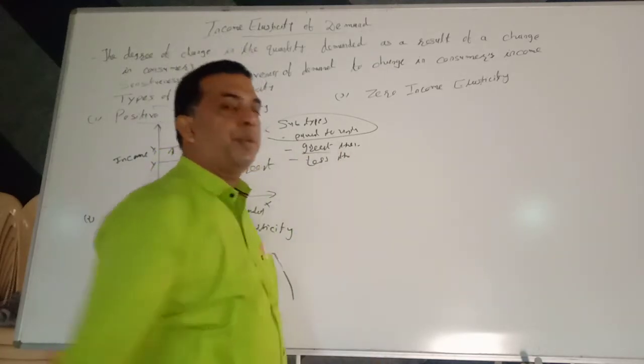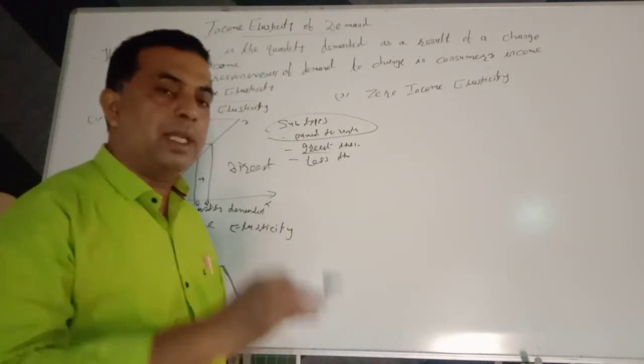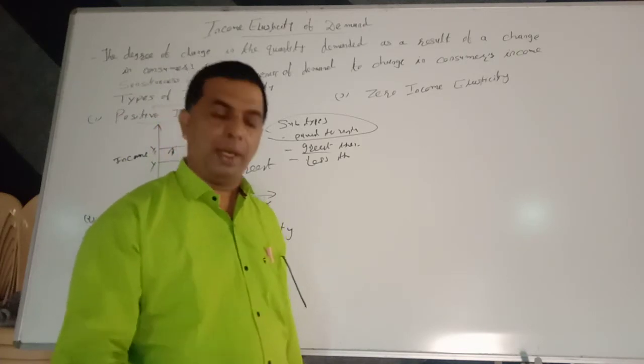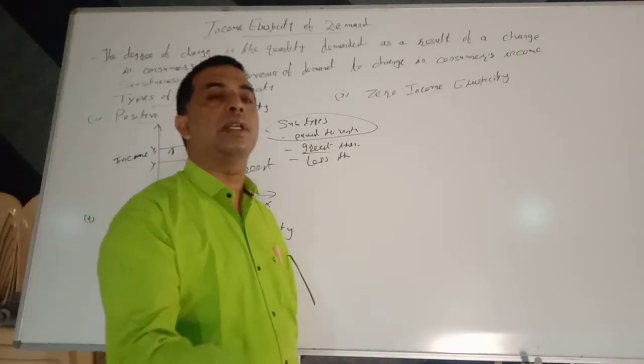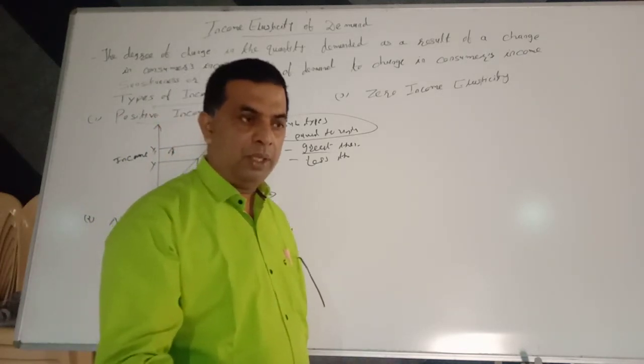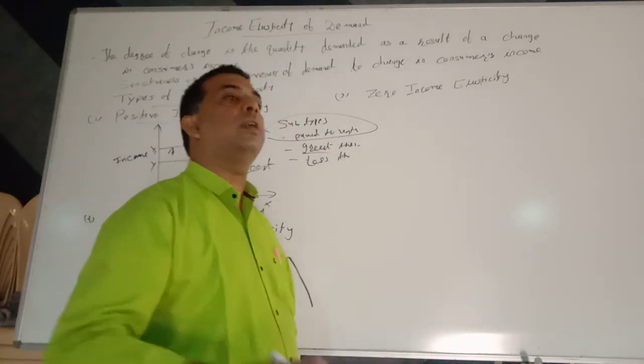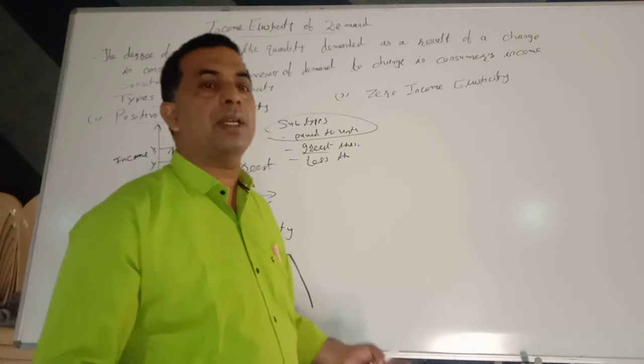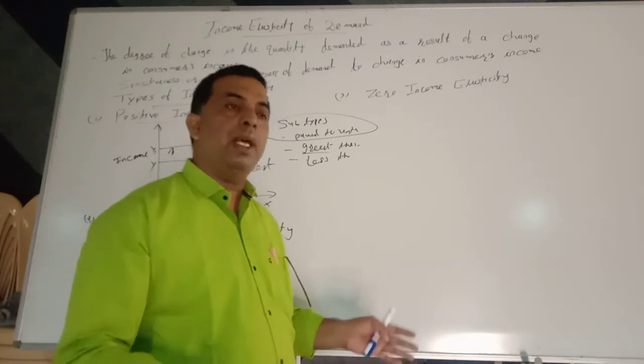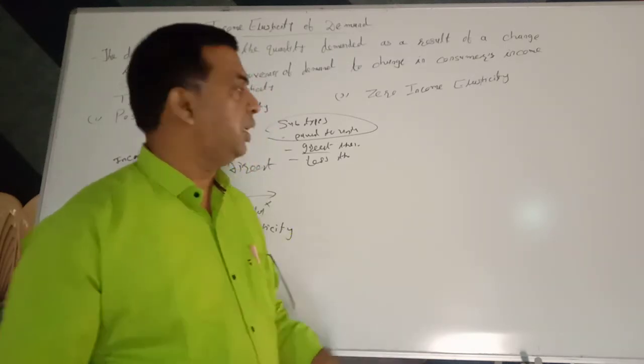Second, when proportionate change in demand is greater than proportionate change in income, income elasticity is greater than unity. जैसे कंज्यूमर की इनकम अगर 10% बढ़े और डिमांड 20% बढ़ जाए तो क्या कह सकते हैं हम लोग कि income elasticity is greater than 1, greater than unity.